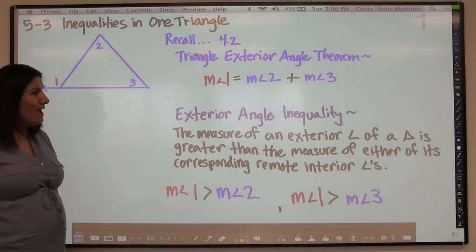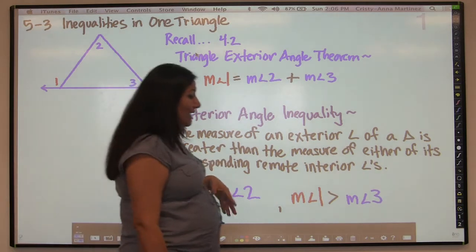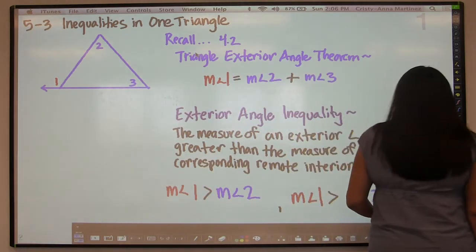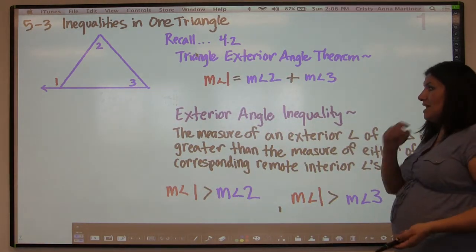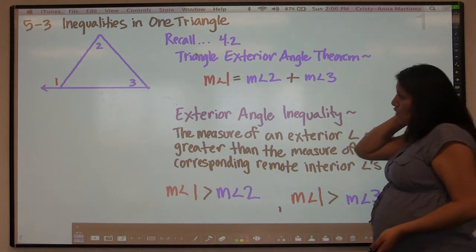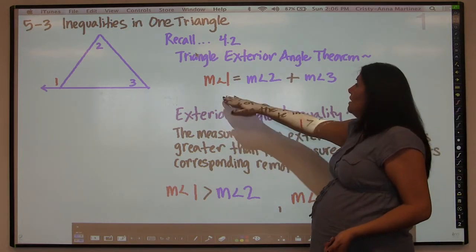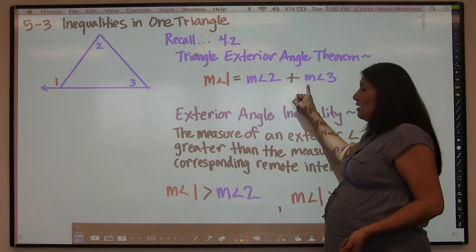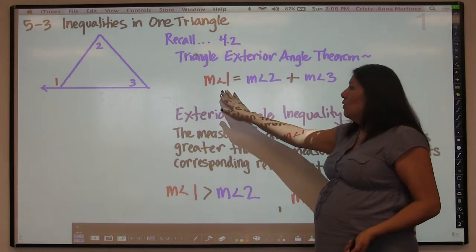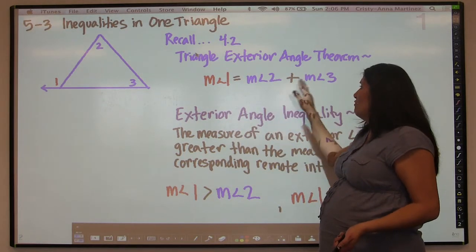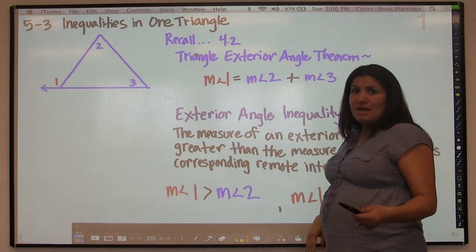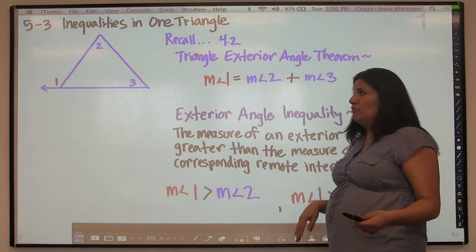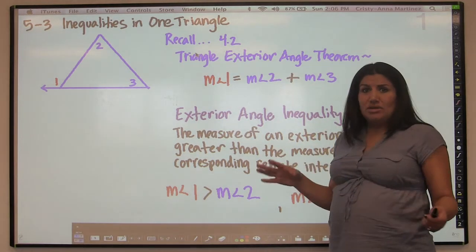Today we have the exterior angle inequality. Basically, it states that if angle 1 is equal to the sum of these two angles combined, then angle 1 must be bigger than either one of them alone. It really makes a lot of sense if you think about it, and if you're not thinking about it, let me give you another example.